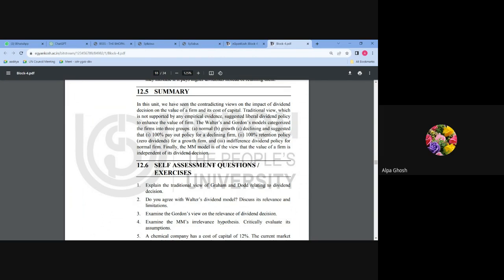They suggest that a liberal dividend policy always enhances the value of the firm. Liberal dividend means that more payment of dividend is made. Then we talk about Walter's and Gordon's model under this relevance theory.